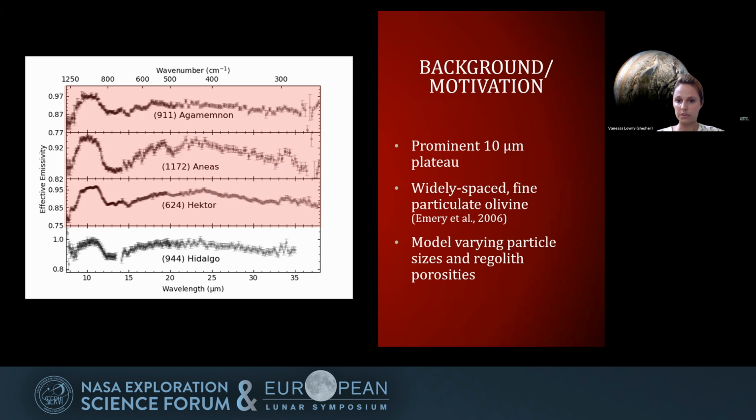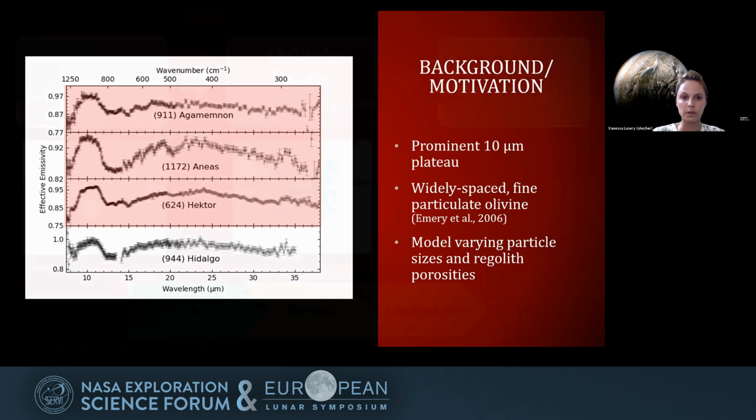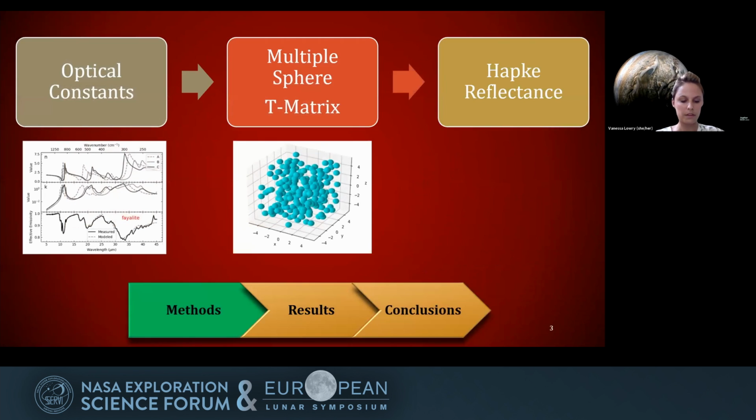Although this is not the first attempt in trying to model the Trojan spectra, to my knowledge, this is the first attempt to model using varying particle sizes and varying regolith porosities. So a quick slide about my methods before I get to the results.